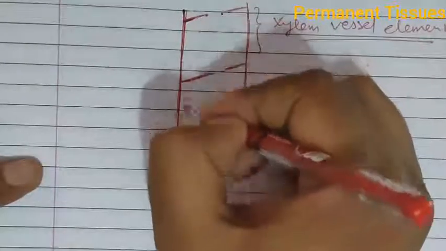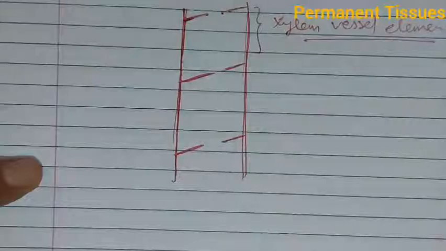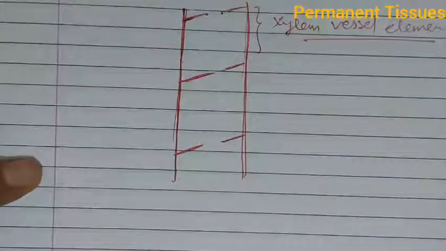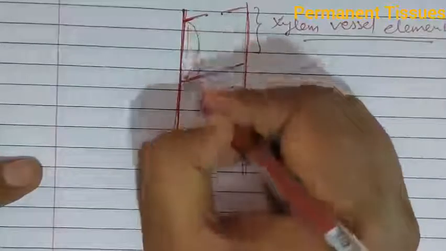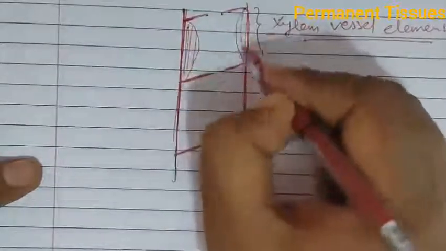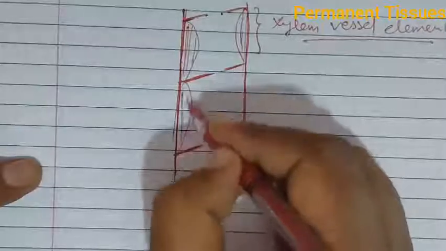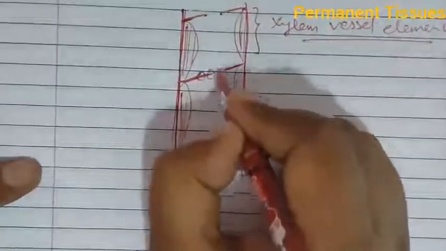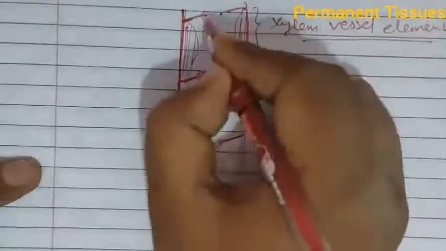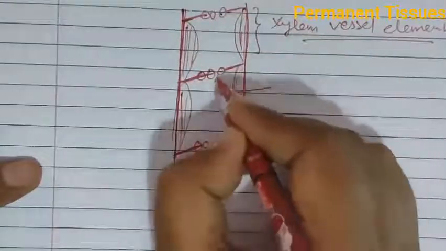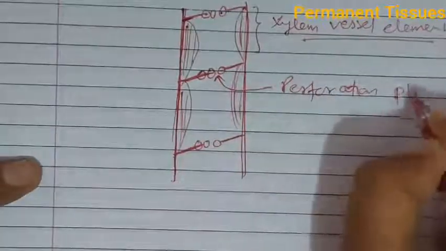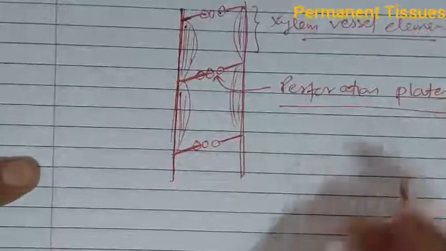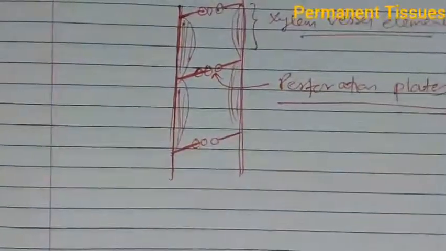Now they have a thickened cell wall, but the cytoplasm is reduced, so cytoplasm is present on the periphery. Why? Because the internal part is used for conduction, and they have perforation plates which help in conduction. So one above the other, xylem vessel elements are arranged.